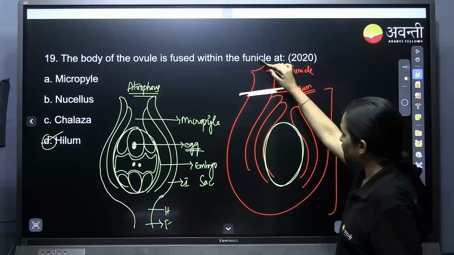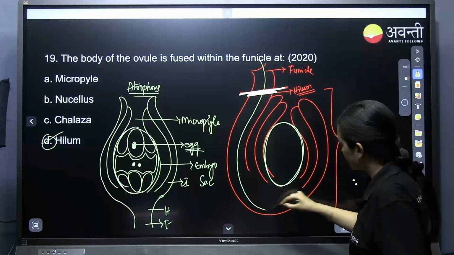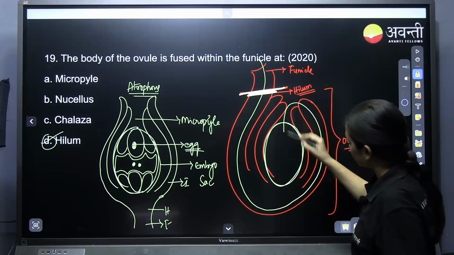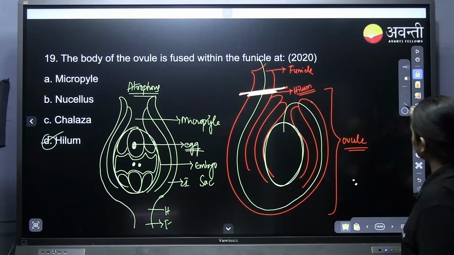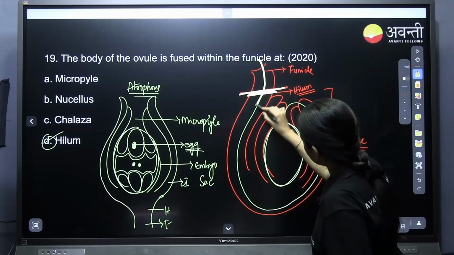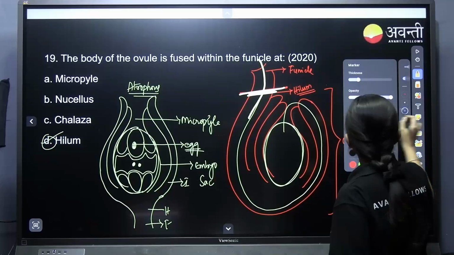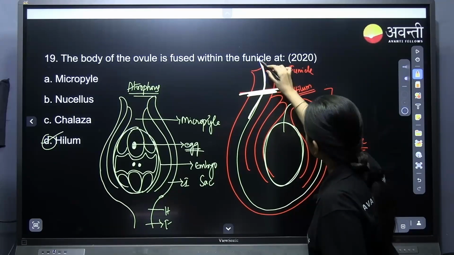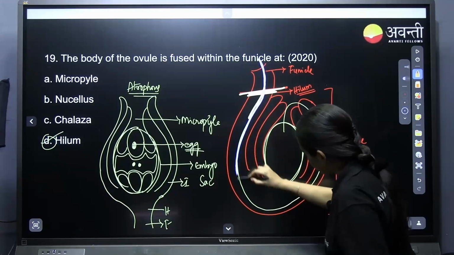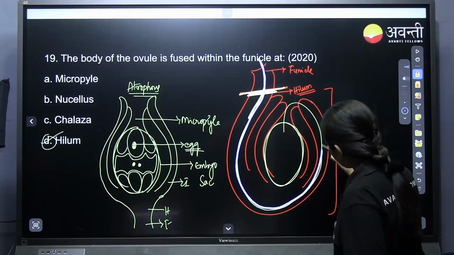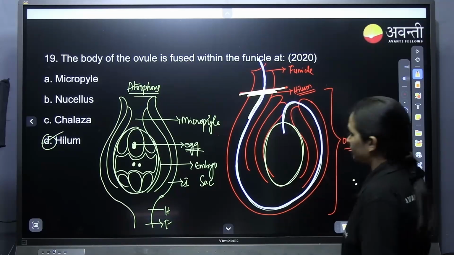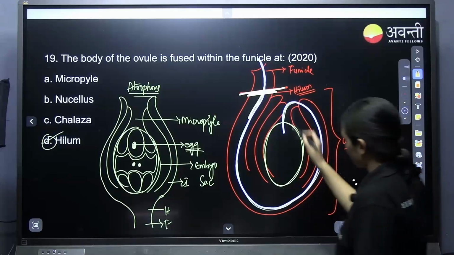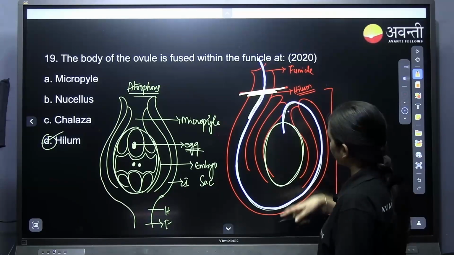If the pollen grain is coming this way, it should come this way. Understood? Because here this is the micropylar end.